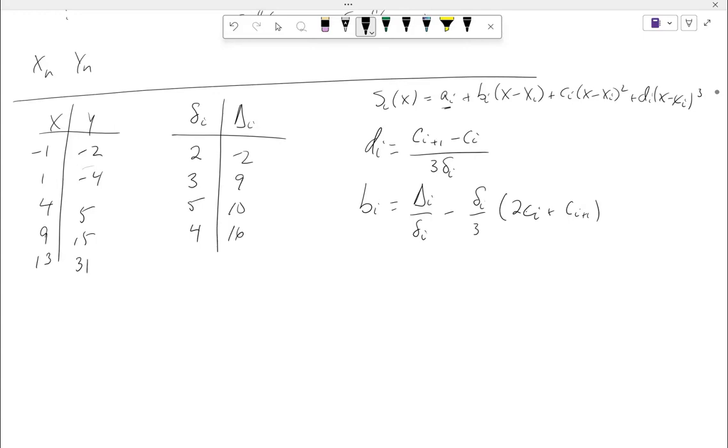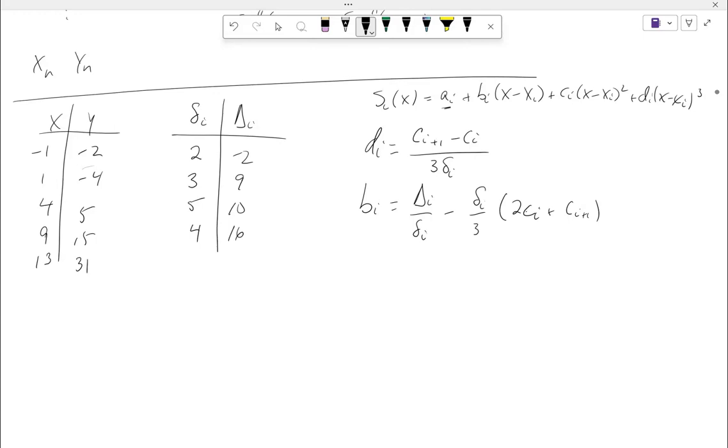So you would have a negative 2 plus whatever this is times x plus 1, whatever this is times x plus 1 squared, whatever this one is times x plus 1 cubed, right? And then do the same thing for the next ones. So the A's aren't hard to calculate. We can figure out the B's and the D's once we have the C's. So everything's going to be boiled down to trying to figure out what the C's are, right?